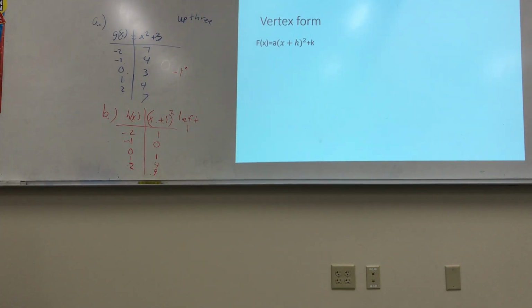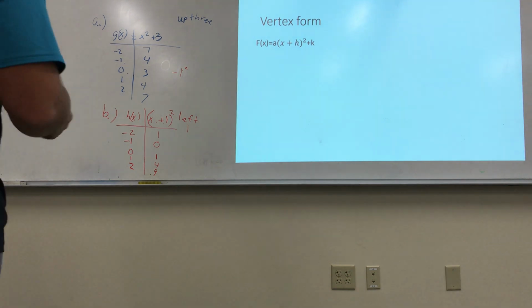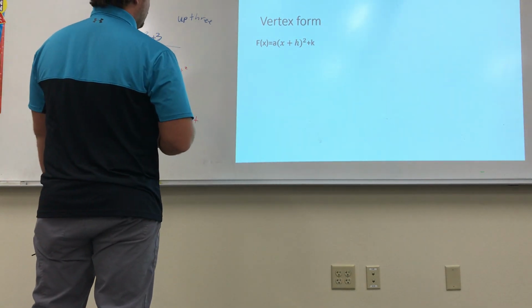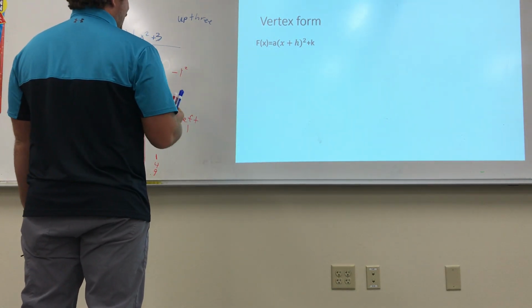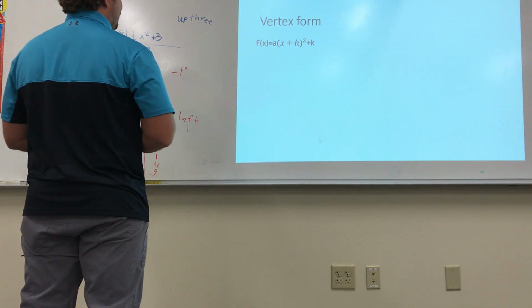Okay, this is vertex form. This is what we've already been working with. So, should not be anything new there. Like I've been trying to emphasize to you, the H, if it is plus, it is going to go to the left, which is the opposite. You got to think of what's in the parentheses. You're going to do the opposite of what you should typically do.